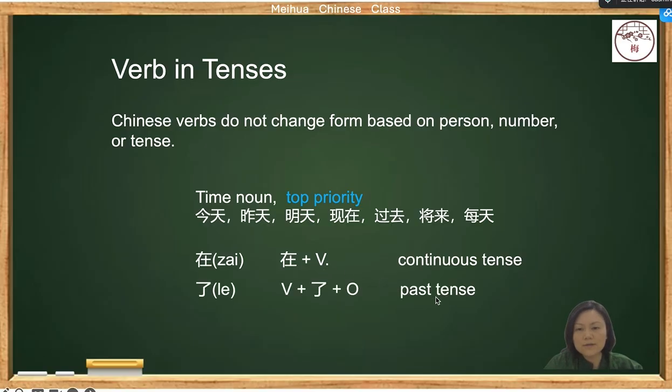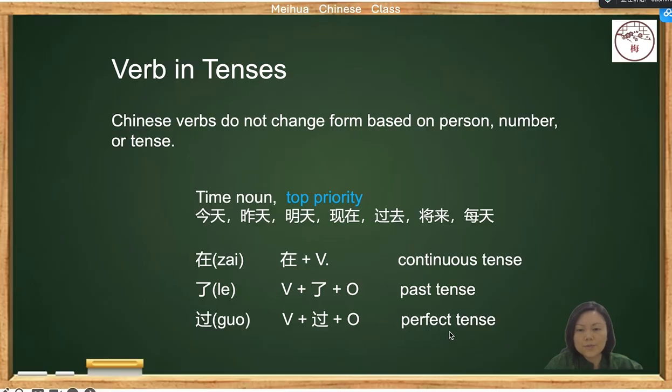For past tense in English, we change the verb to its past form, right? Not a past participle, that's different. In Chinese, we add this character 了 after the verb and before the object of the verb. 了 means this action is finished.